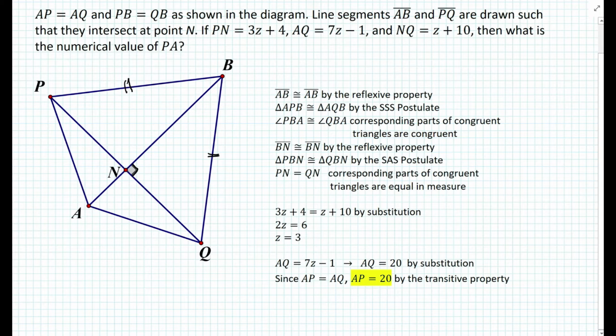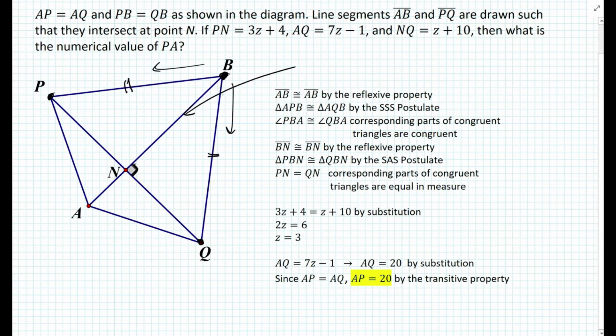So it turns out that every time we have a scenario like this, every time we have a point, in this case point B, that is the same distance away from the endpoints of this segment, P and Q, and it's perpendicular to it, then it has to be true that this becomes the perpendicular bisector, okay?